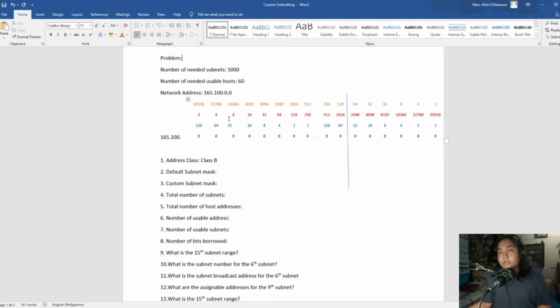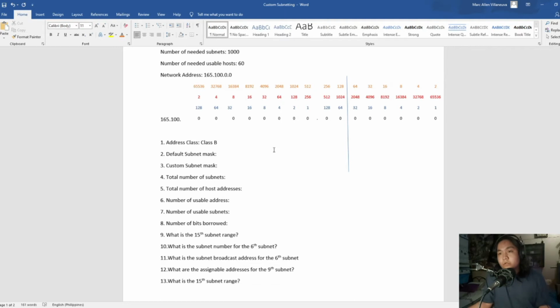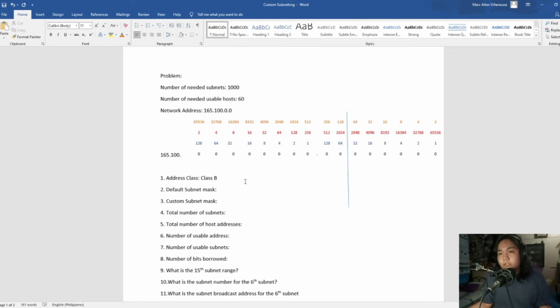So since we have already gone this far, we can answer some of the questions below. Like what I said earlier, the IP address given was class B. Since it is class B, our default subnet mask is 255.255.0.0. Since we have our line here, that indicates that we need to stop here.